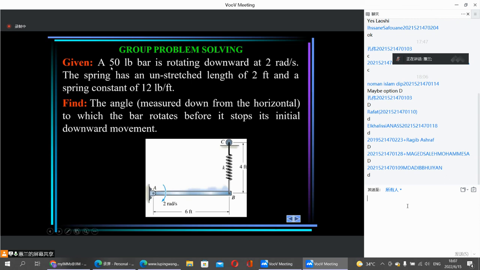Okay, so now let's go back to the problem solving. A 50 pound bar is rotating downward at 2 radians per second. The spring has an unstretched length of 2 feet and a spring constant that is given. We need to find the angle measured downward from the horizontal to which the bar rotates before it stops its initial downward movement.